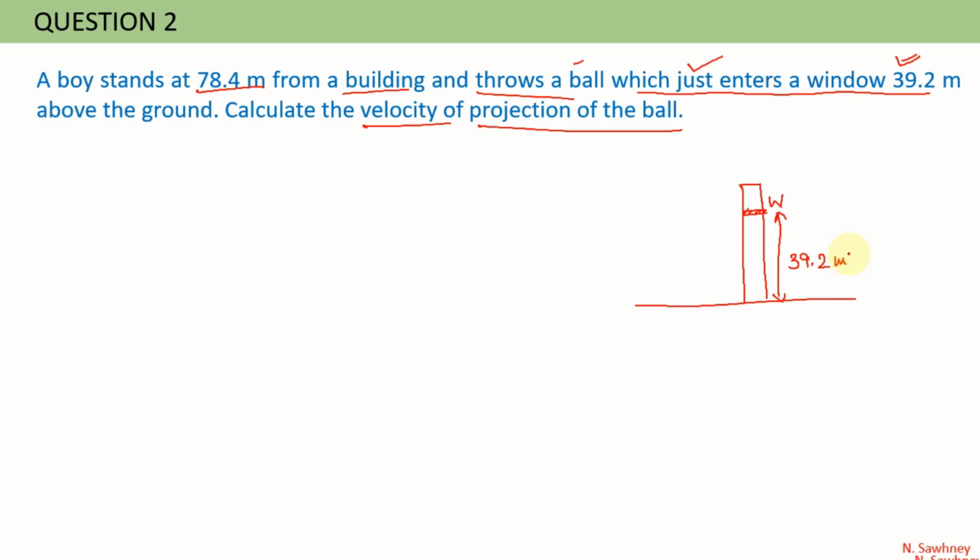And the boy is standing at 78.4 meters from the building. Suppose that the boy is standing here at point A, which is at a distance 78.4 meters from the building.